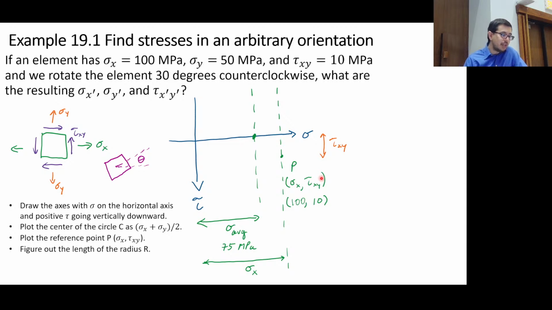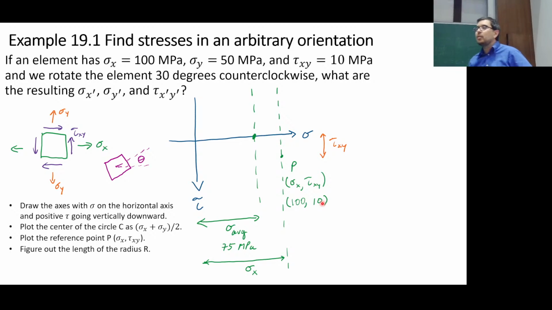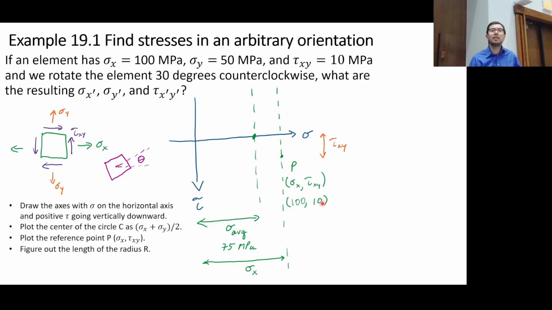We can figure out the length of the radius. All right, so we have that fancy equation for the radius. But you tell me, using geometry, how would you find the radius? Yes.